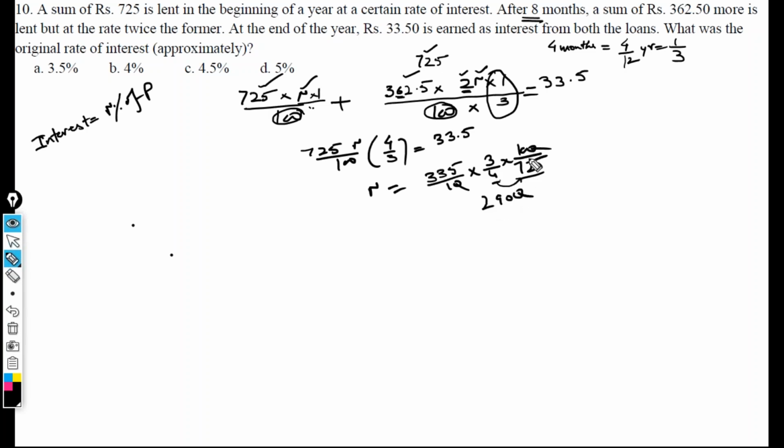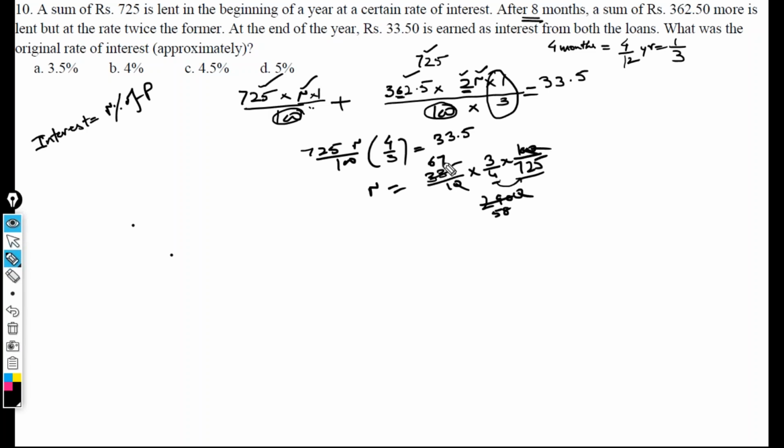So out of this 2900, one more zero is cancelled out, right? So now we just need to cancel out these values. So the value common between these two is 5, which we can see straightaway. So 5 into 5, 25, 5 into 8 is 40. And here 5 into 6 is 30, 5 into 7 is 35.